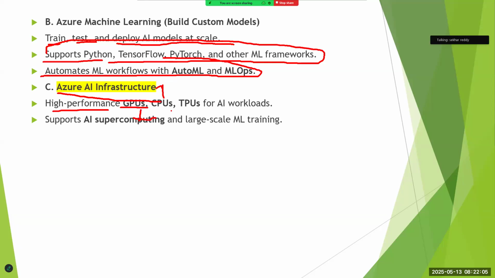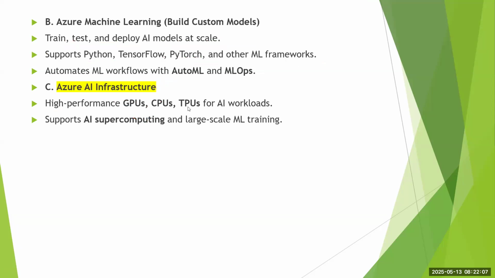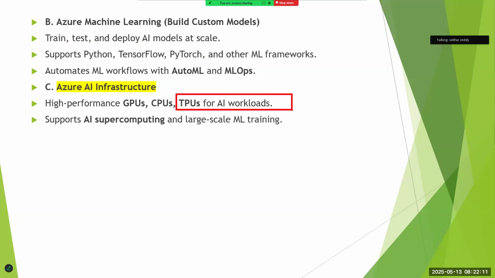CPU is the legacy. TPU is the tensor processing unit. This is high cost, guys. TPU is very high cost. So most of the AI workloads at this moment are deployed on GPU, guys. It supports AI supercomputing and large-scale ML training.